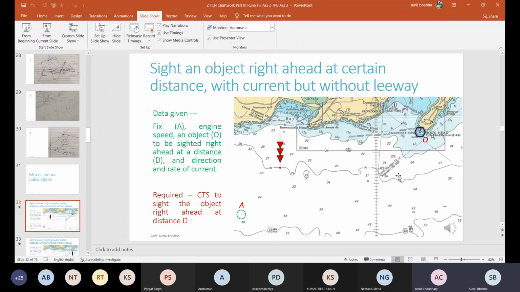Beta, the next calculation which we have is sighting an object right ahead at a certain distance with current but without leeway. So let me explain what this question is, what information is given, and how we solve it.